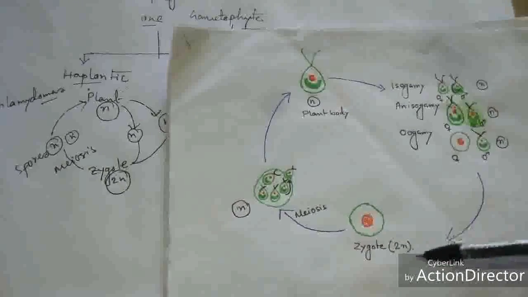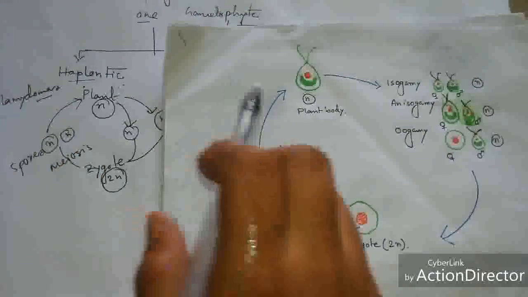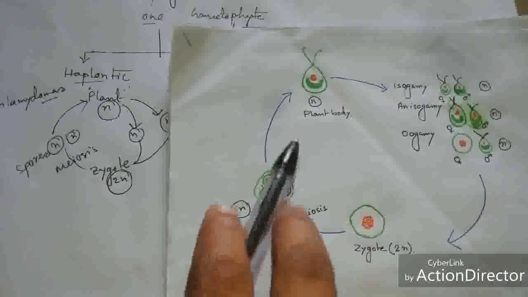So this is called haplontic, meaning haploid generation is found in this type of alga.